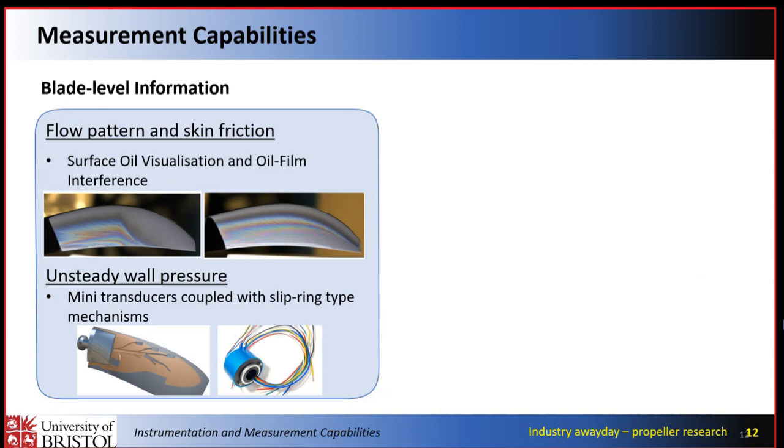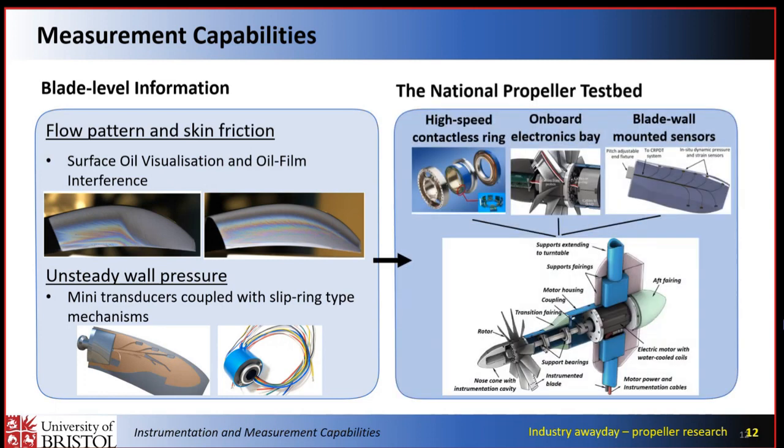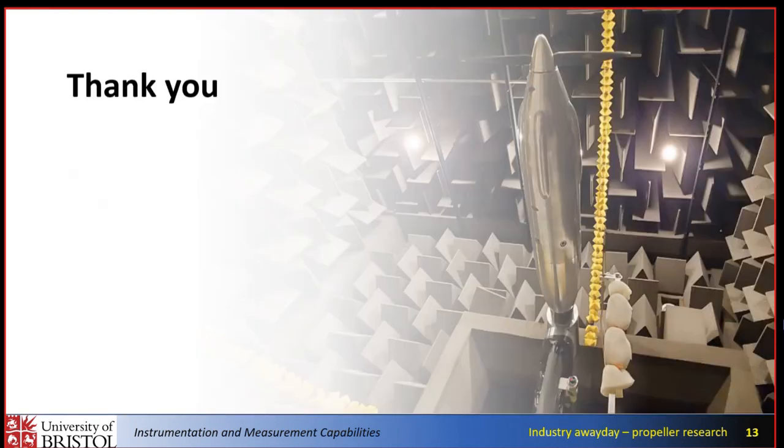So similar to larger scale airfoils, we want to extract unsteady wall pressure fluctuations from the blade itself and link these very nicely to our ongoing endeavors about the National Propeller Testbed, which Marty will talk a little bit more about in the afternoon. So that's a brief summary of all the experimental capabilities we have, and thank you.